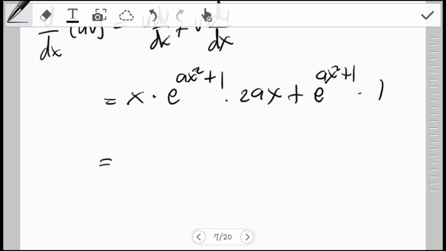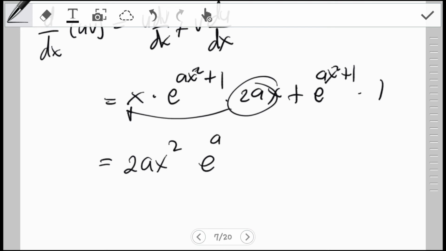So next, which is here, okay, it will become 2ax squared, and then ax squared plus 1, then plus ax squared plus 1.